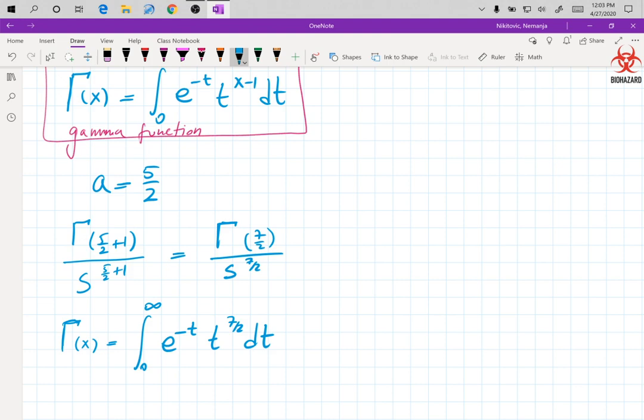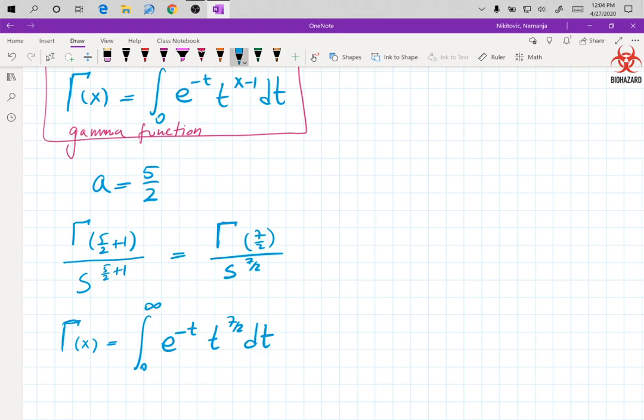You can do integration by parts here, but this t to the 7/2 will never go away, and e to the negative t will never go away either. So the answer will contain the gamma function definition in it.